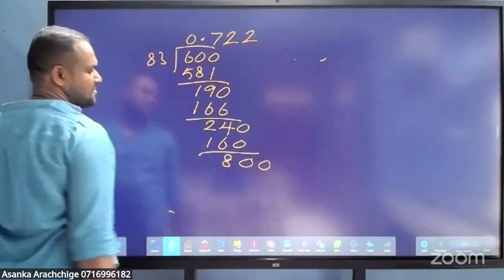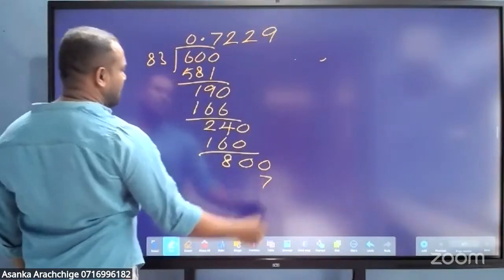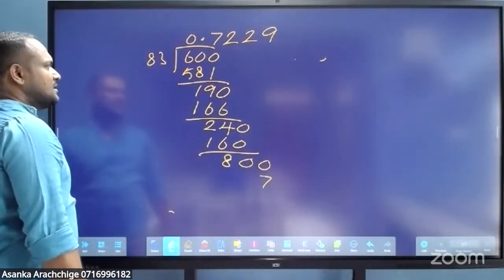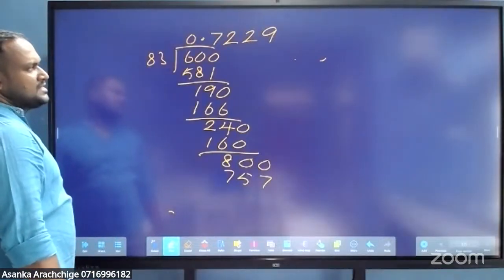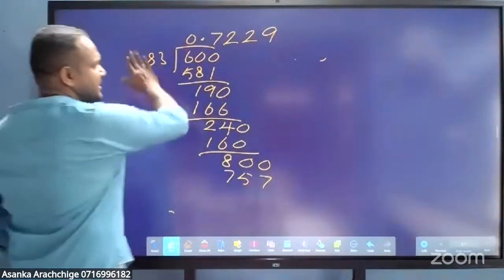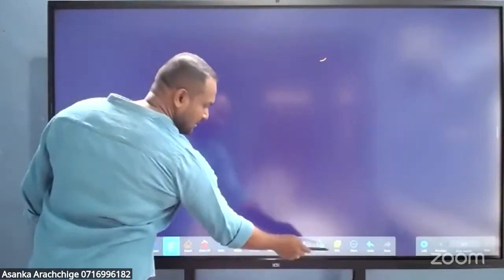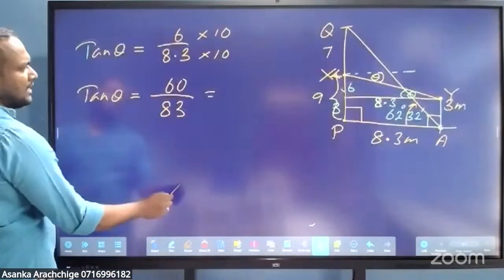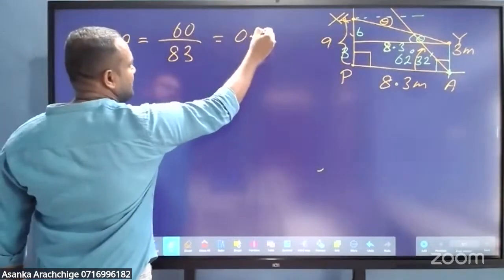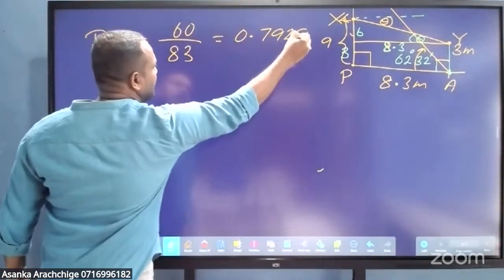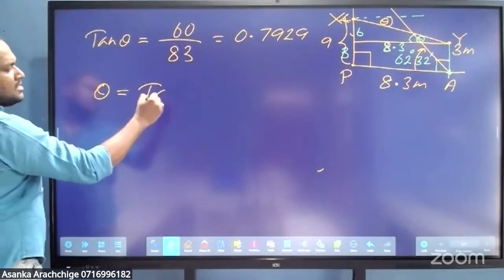Then 800. That must be 9. 9 times 3, 27. 9 times 8, 72, 75. No? Approximately 0.7929. Correct? Therefore, theta must be tan inverse 0.7929.